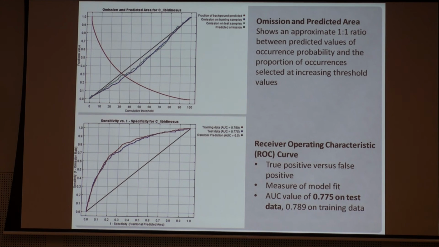If we take a look at our AUC fit, or the ROC fit, this is a random model. We would expect if the model performed no better than random, we'd have a 50% model, and that's that black line you see through the middle. And our test AUC, area under the curve value, was 0.775.